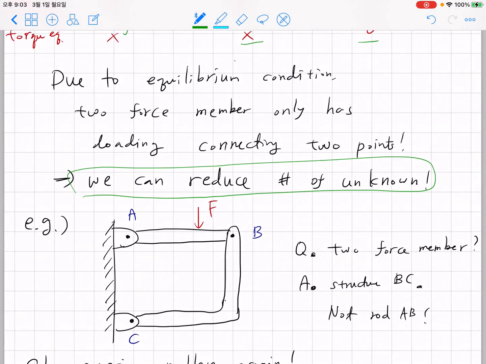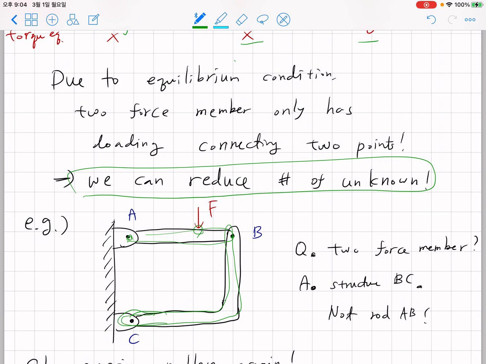Now let's consider this example problem. When you have this AB connected by this structure BC, which one will be the two-force member? If you look at rod AB, there is a force, and there is a force. Three locations have external forces.